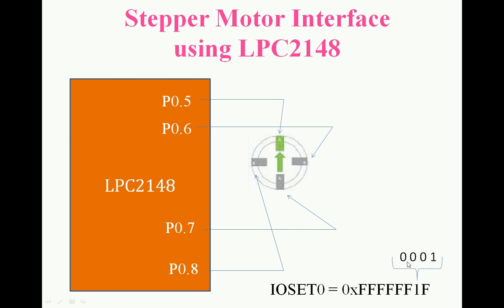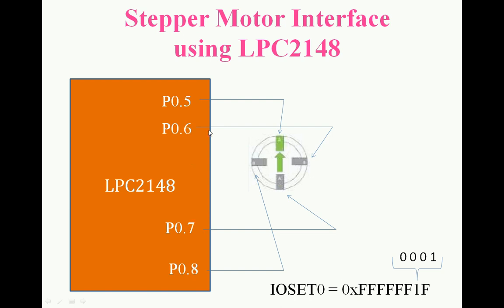0001 means 1, 0010 means 2 now. Again you have to activate the C winding, which is connected to the seventh pin. So 0100 means 4 in actual hexadecimal value, right? So for these pins, first we give 1, so the A winding is activated.